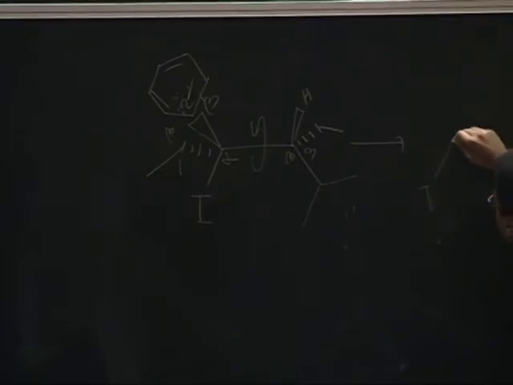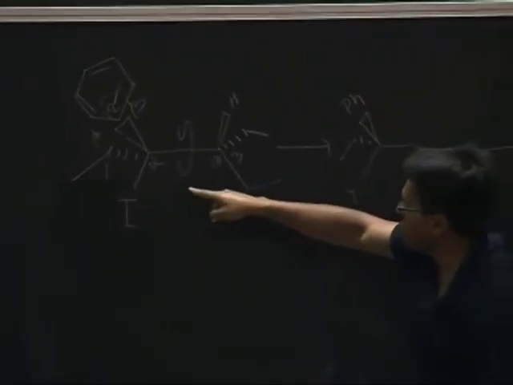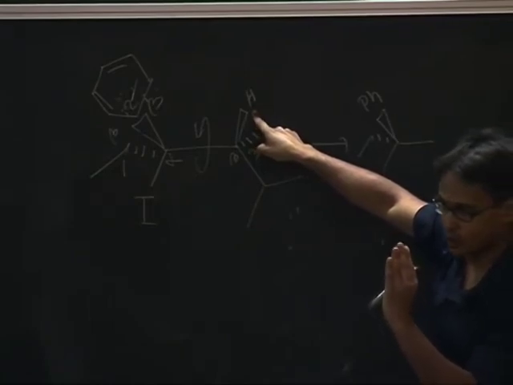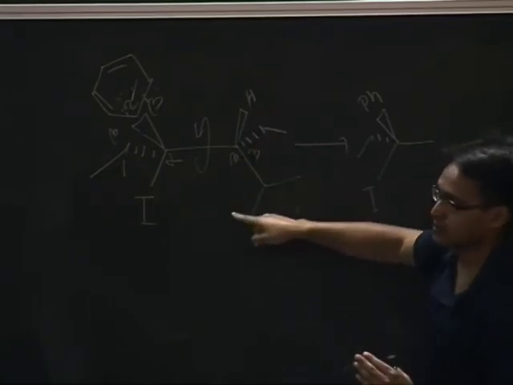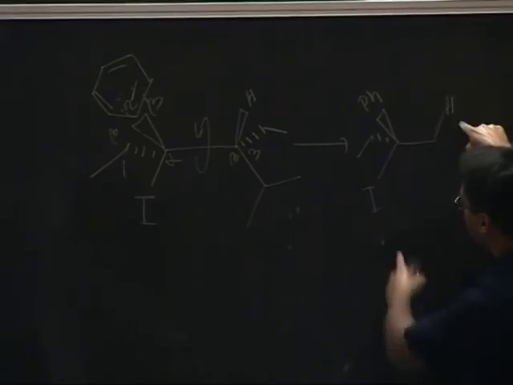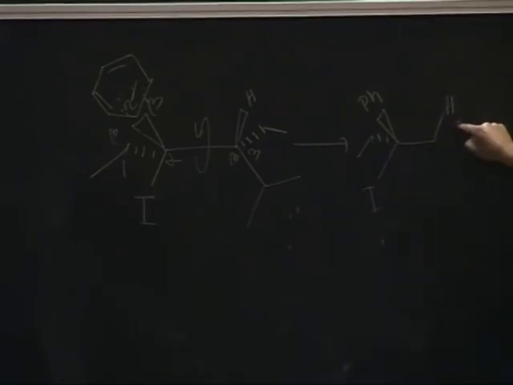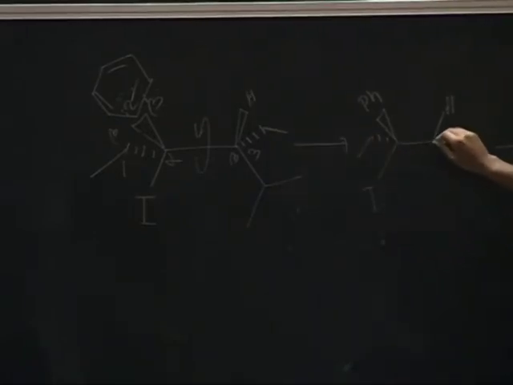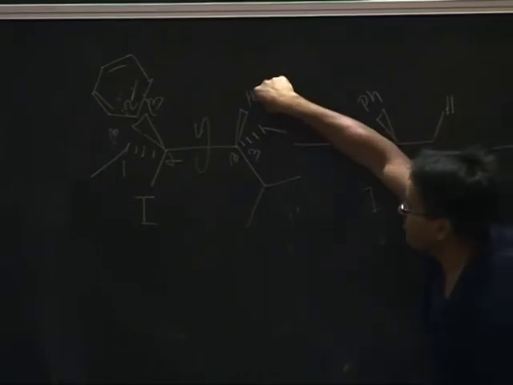Iodine. Phenyl. So if I have to draw an anti-periplanar, where would I put the proton? On the plane of the board, up or down? Up and on the plane of the board. Anti-periplanar means on the same plane. The proton's up in the plane of the board. Where is this isopropyl going to point? Up, outside or inside? So I push this in, right?